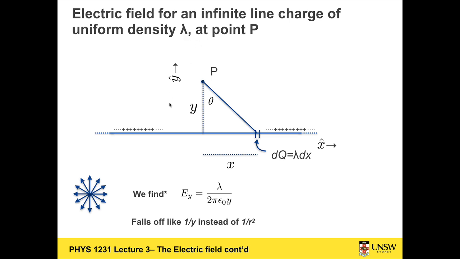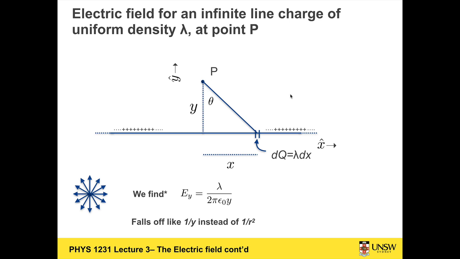We wanted to find, if we had this infinitely long line of charge and we were at some point P, a distance y away from this line of charge, the electric field. And remember, rather than jump straight in and start calculating, when you have problems, you should ask yourself, what do I expect based on the symmetry of the problem?